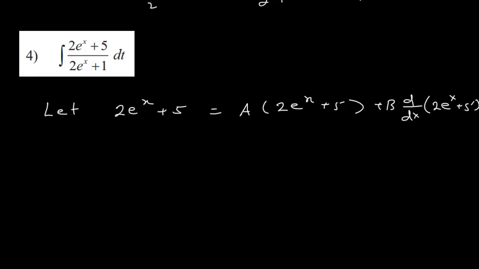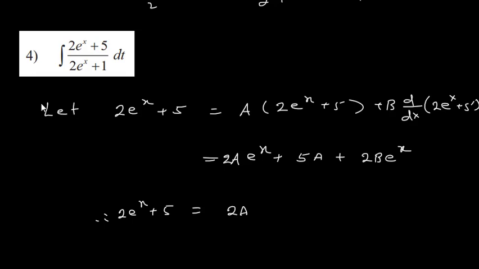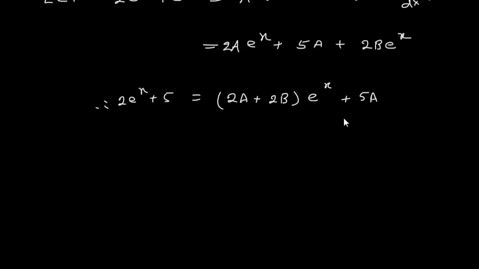Okay, so this is equals to 2a into e power x plus 5a plus this is 2b into e power x only. So therefore I will say that 2e power x plus 5, it is equals to 2a plus 2b, the whole into e power x plus 5a.